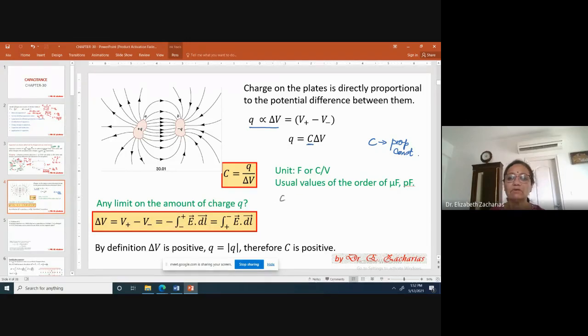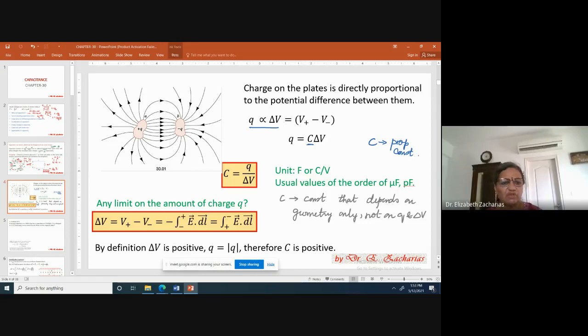Yes or no? C is a constant that depends on geometry only, not on Q and delta V. Even if Q is 0, the capacitance value is a constant.